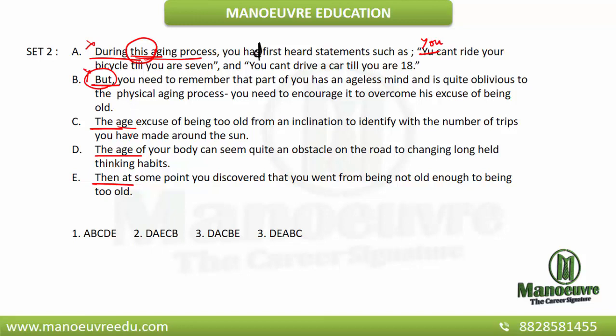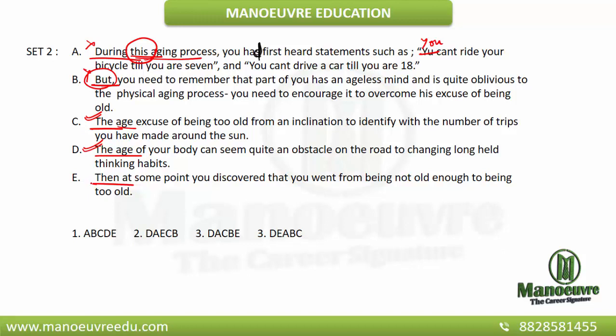Now let us look at option number C. The age excuse of being too old from an inclination to identify with the number of trips you have made around the sun. Yes, this can possibly be our opening sentence because this does not talk about anything which we have earlier mentioned. This is a statement in itself. Let us see option number D. The age of your body can seem quite an obstacle on the road to changing long-held thinking habits. Yes, this also makes sense for the opening statement.